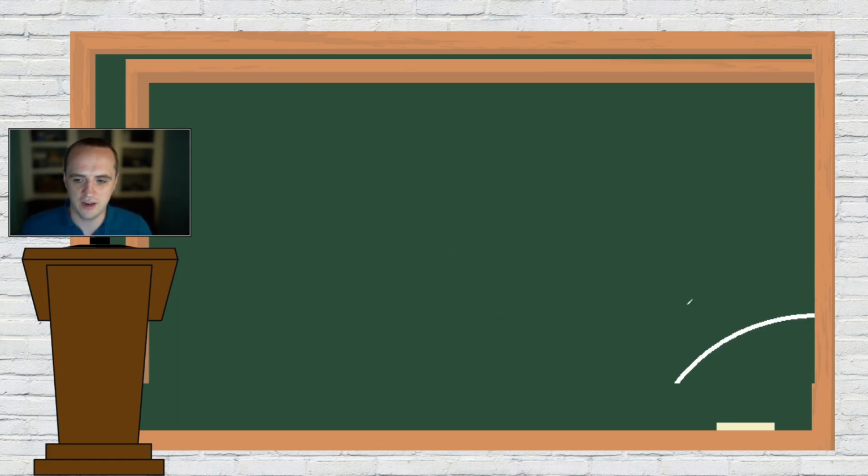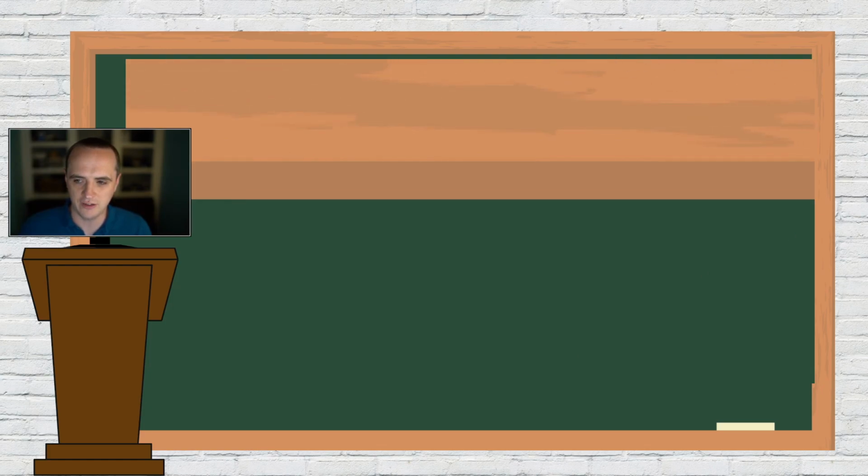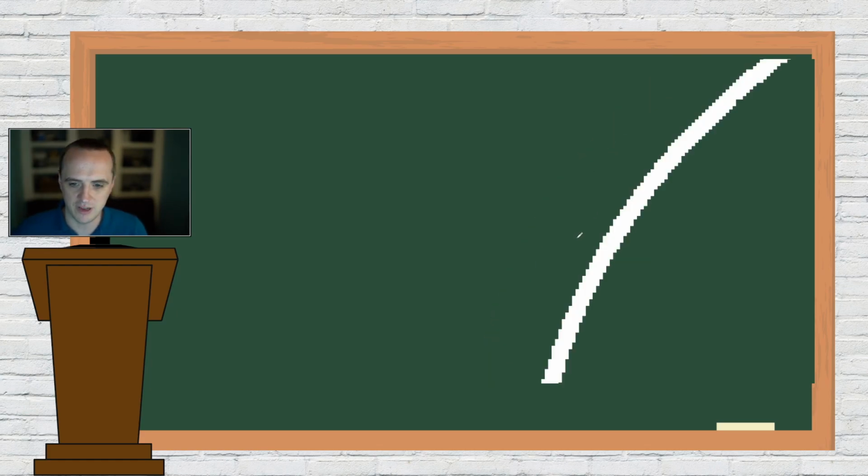If I zoom in on my blackboard and look at how MS Paint drew this circle, it's actually a finite number of pixels where it thinks it should be. You can see this is not a true circle.